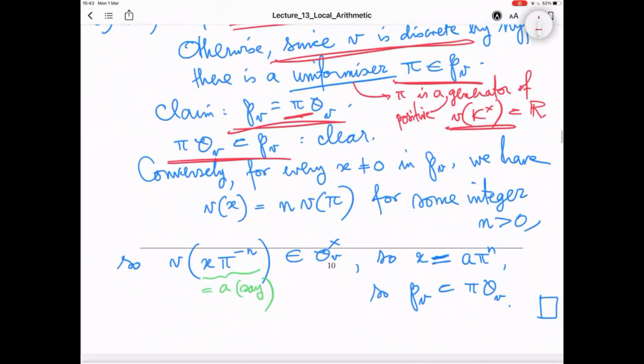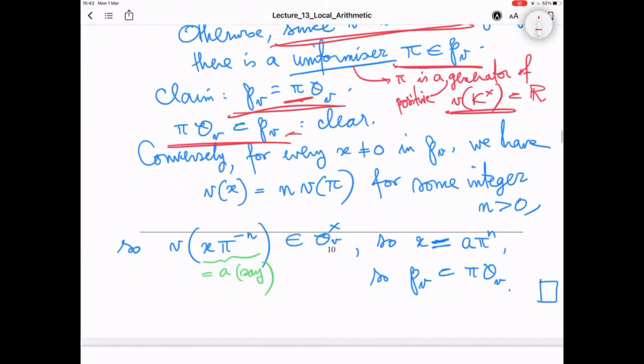So one inclusion is absolutely clear, that the ideal generated by pi is contained in P_V. Conversely, if I take an element x in P_V, I have to show that it's a multiple of pi.